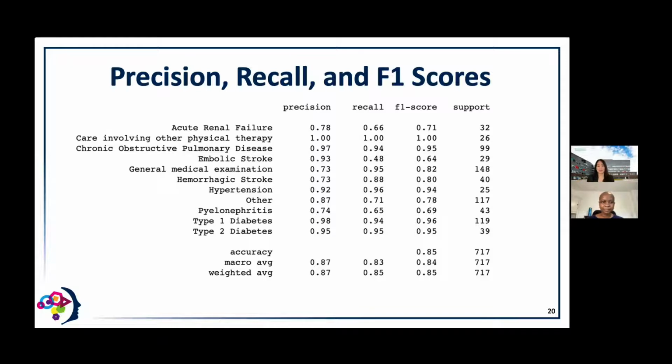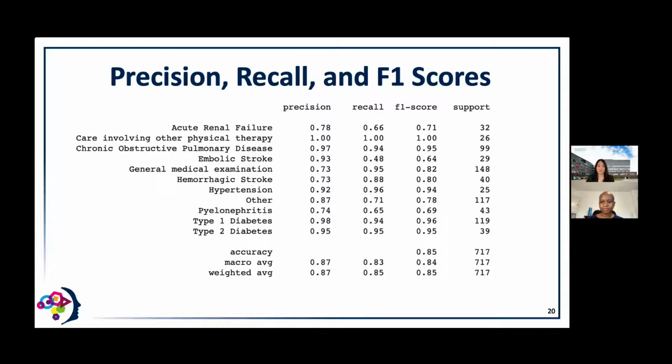For example, if something has a high precision value, then every time the model is making a prediction, it's probably going to be the correct prediction. Versus recall: if it has a low recall score, like here where the acute renal failure score is quite low, that means it's only able to capture 66% of the patients that have the acute renal failure diagnosis. For the others, it might be missing them.